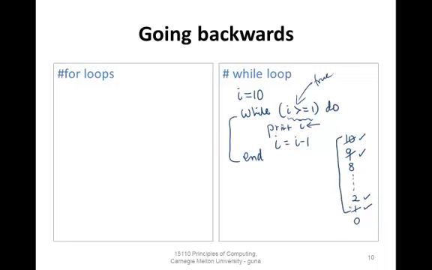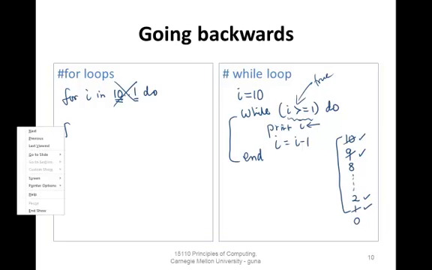Now can we do the same magic with for loops? Unfortunately not. You cannot write a for loop like this: for I in 10 down to 1 do. This is illegal because the beginning value is strictly greater than the end value. So you cannot do that.